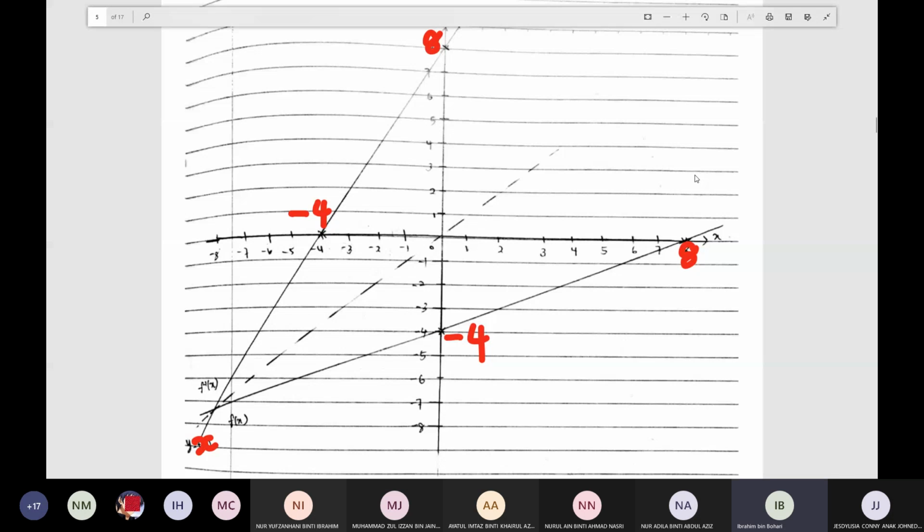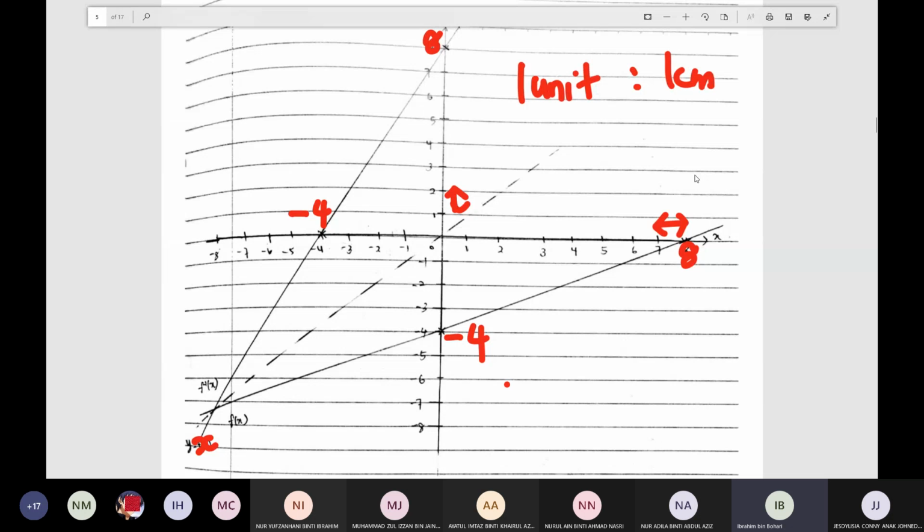Okay. And on this axis, you set 1 unit equals 1 centimeter. Ini ya. You punya x-axis and y-axis. Ya, kalau you tak setkan, nanti dia akan jadi macam ni. Pagi tadi ramai yang lukis macam ni.